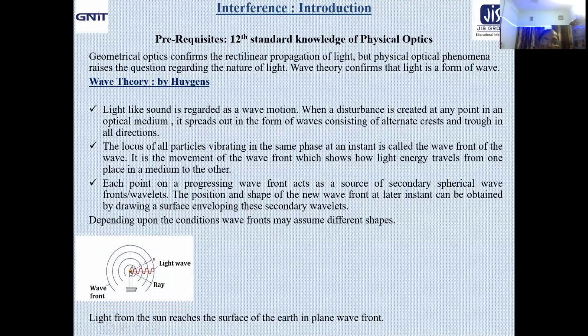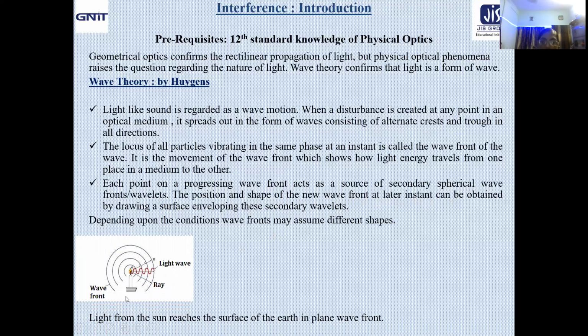Let us consider a point source kept in a homogeneous and isotropic medium like free space, or practically you can consider air. Homogeneous means the density is the same in all directions, and isotropic means the optical properties are the same. That means c, the velocity of light, is always considered to be 3 into 10 to the power 8 meter per second for all waves coming out of the point source in all directions, consisting of alternating crests and troughs.